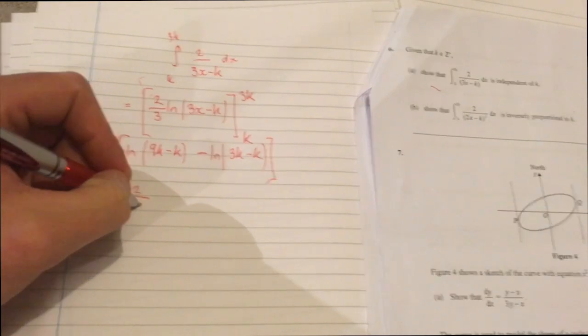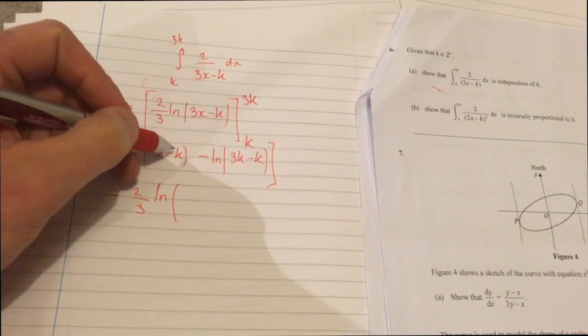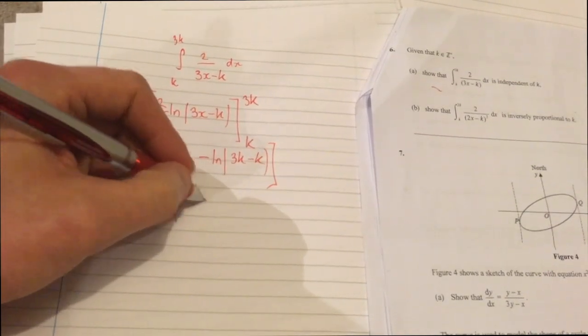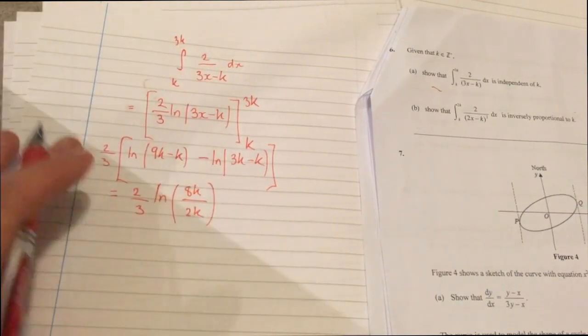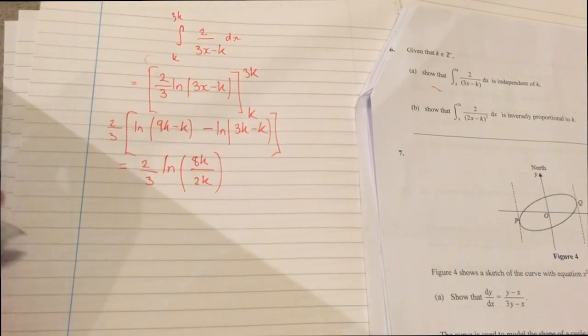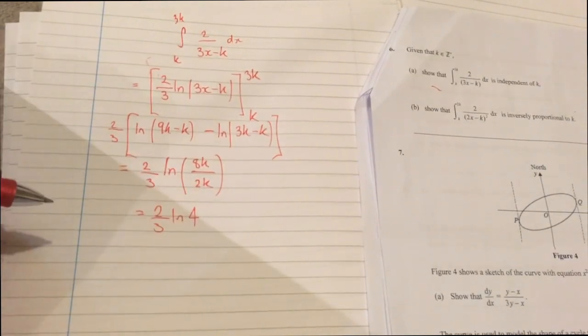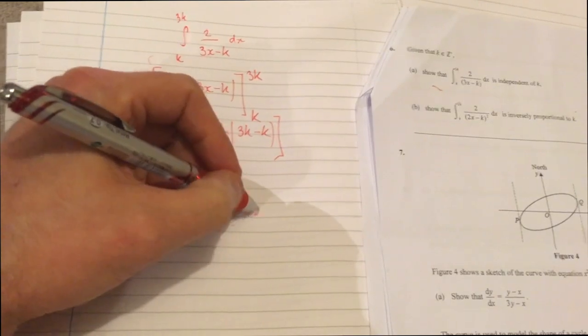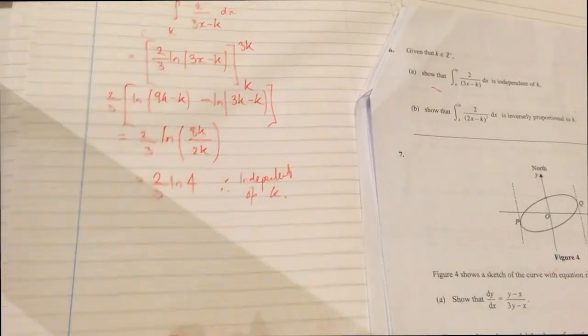That's going to become 2/3 of ln of 9k minus k is 8k, divided by 3k minus k is 2k. So our answer is going to become 2/3 of log 4. No k's to be seen, therefore independent of k.